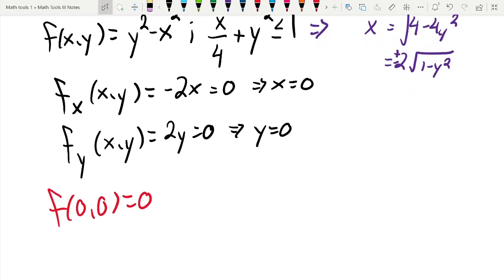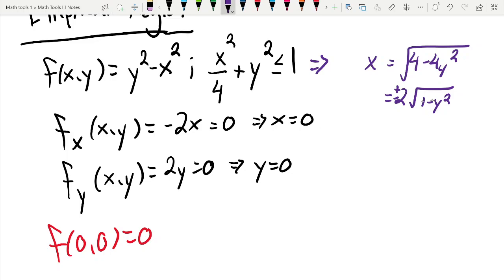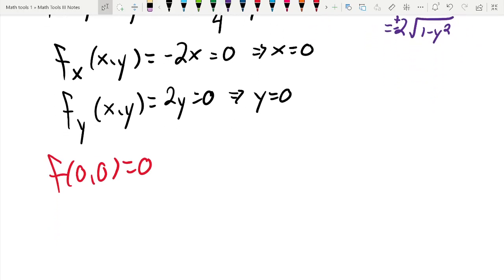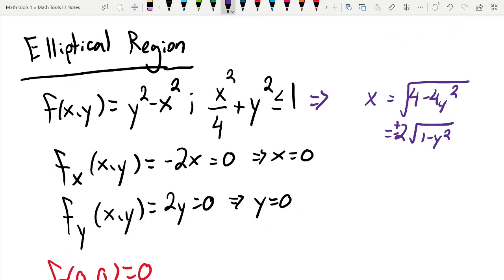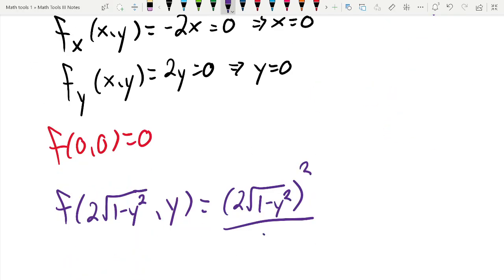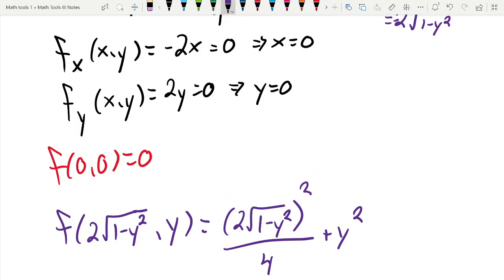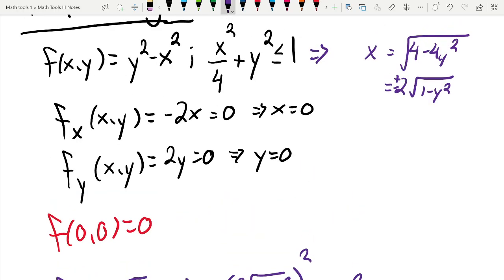So let's go ahead and plug this in then for our function. So we're going to have f of, we'll do the positive one first, x equals 2 root 1 minus y squared, squared over 4 plus y squared, or I'm sorry, I'm looking at the restriction, not the actual function.